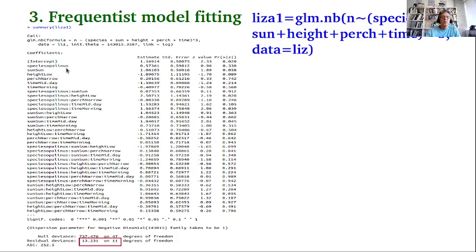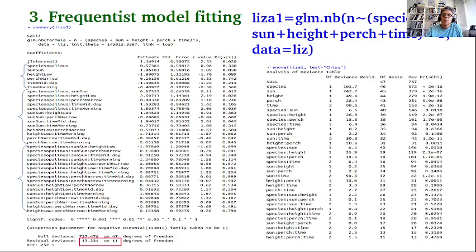We are not going to interpret all these parameter values because we are going to simplify this model. In order to orient ourselves for the process of model simplification, which would lead to a model selection exercise, we are going to obtain the analysis of deviance table that shows us the sequential addition of terms to the model, from a model with no explanatory variables, then the single effects of all the explanatory variables, then the pairwise interactions and the triple interactions.